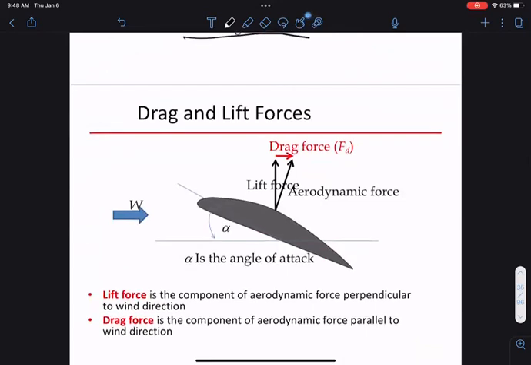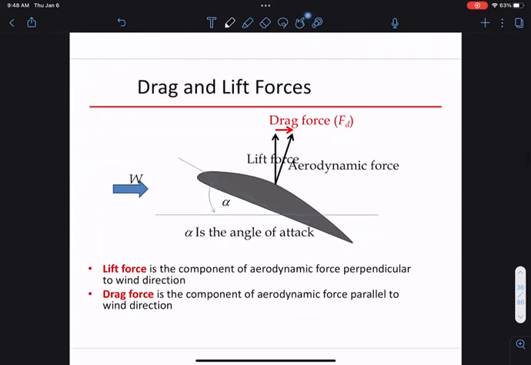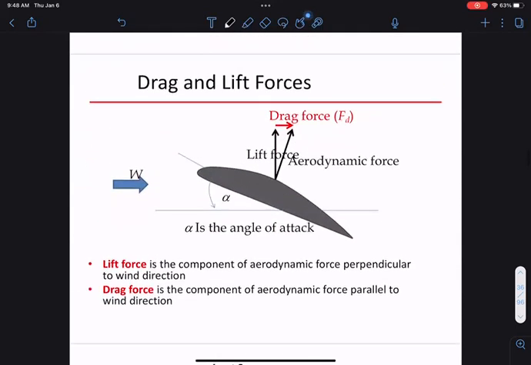By changing your angle of attack, you change the total amount of aerodynamic force you have. This aerodynamic force has two components.